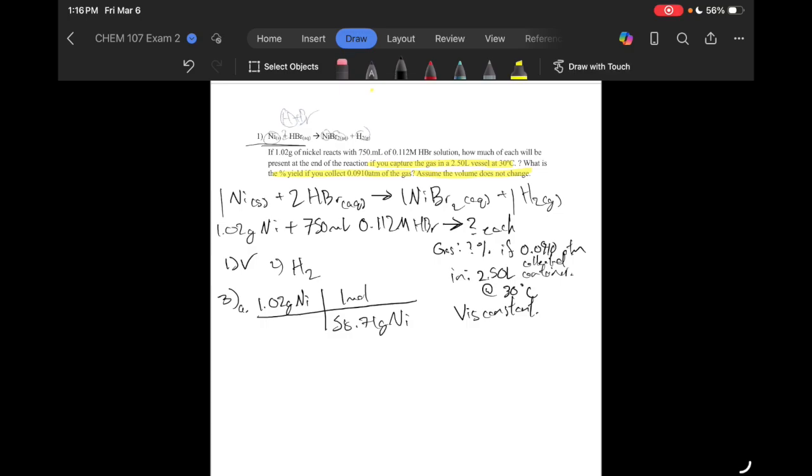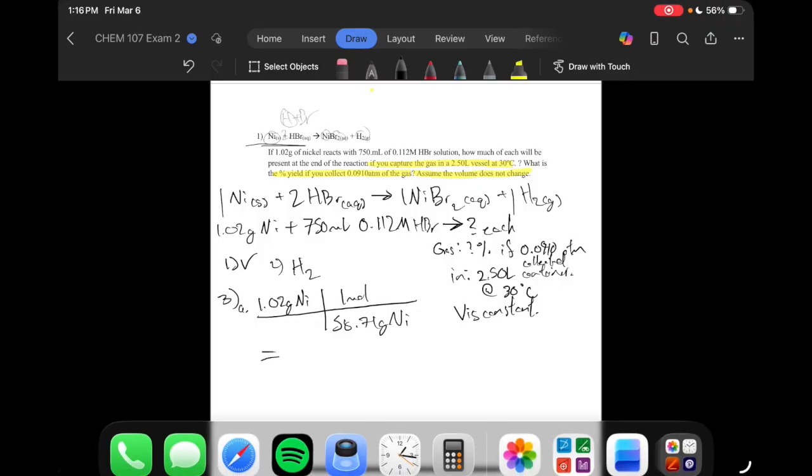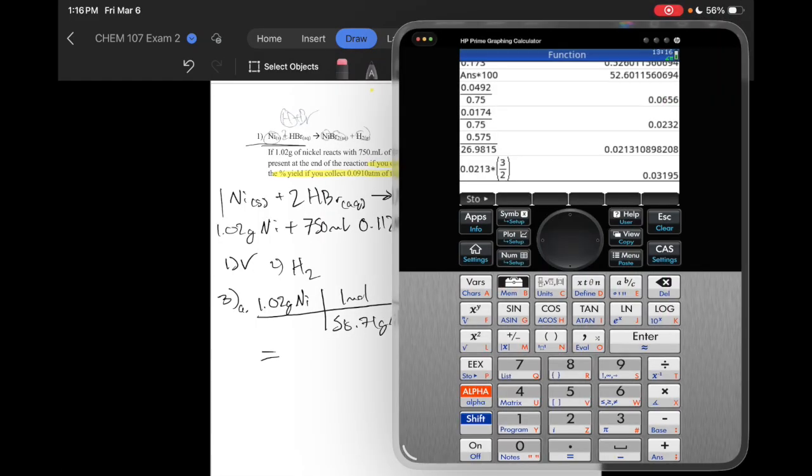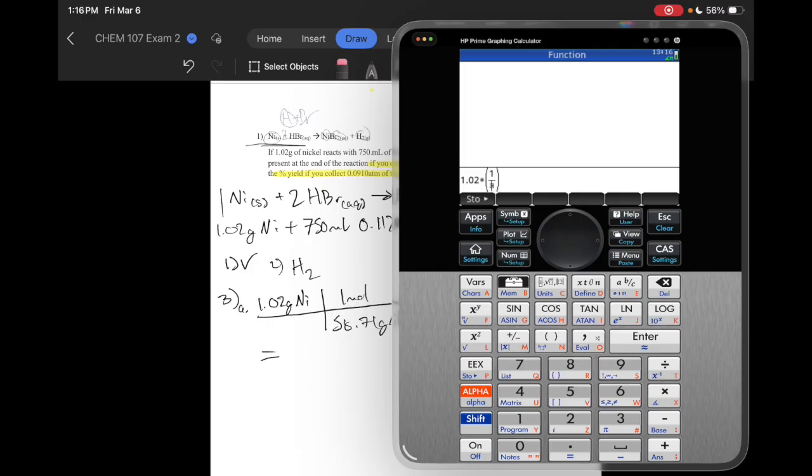So for this number, I will pull up my calculator. Okay, I'll just go ahead and clear this out. So we have 1.02 grams of nickel, and it's going to be multiplied by 1 over 58.71 grams.